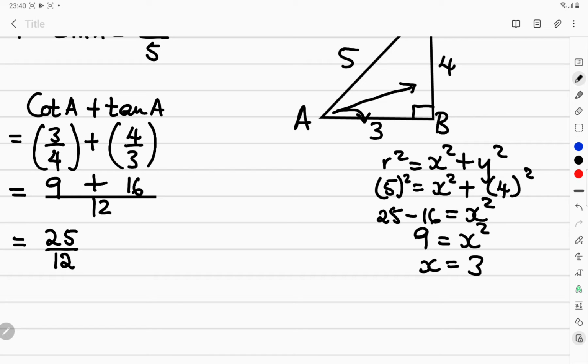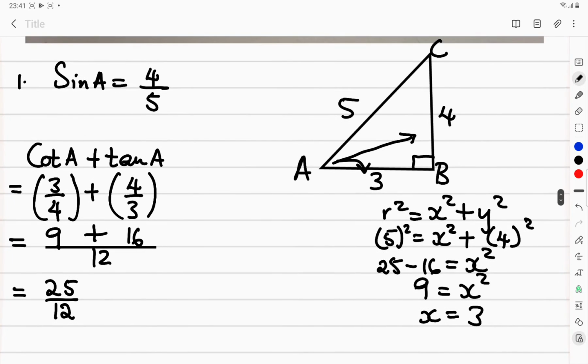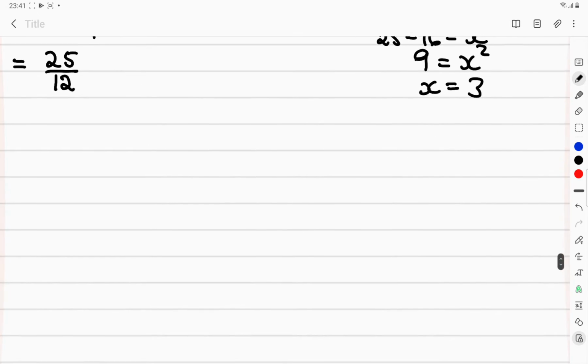Simple as that. I think you'll understand that one. I hope you'll understand at home. It won't be that much of a challenge to you. You'll understand quite easily.